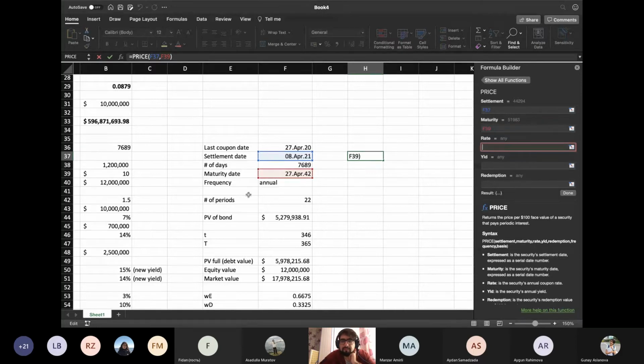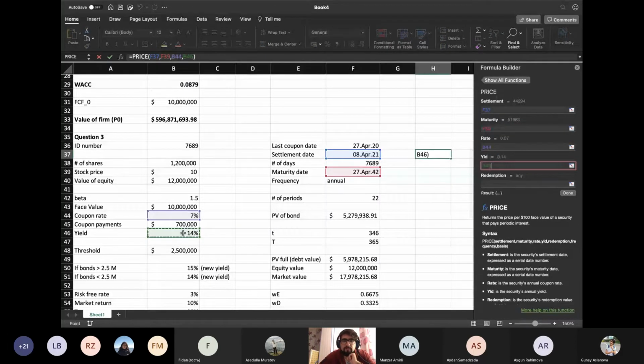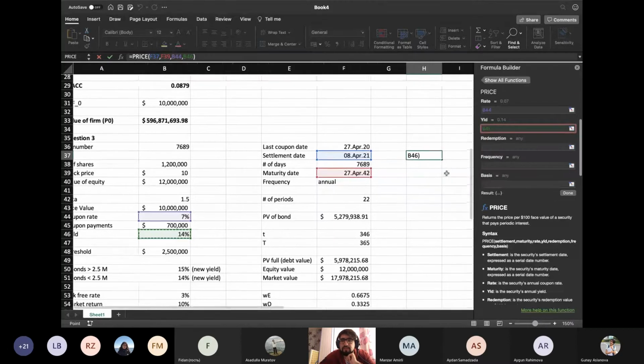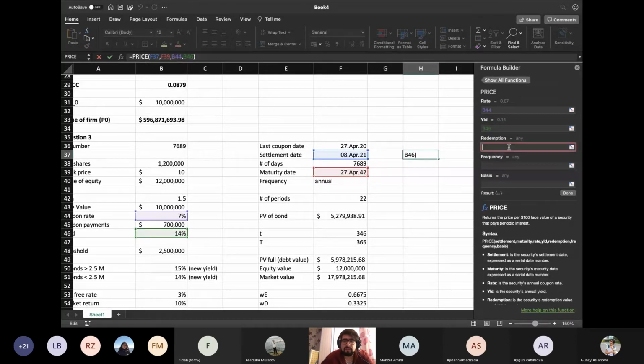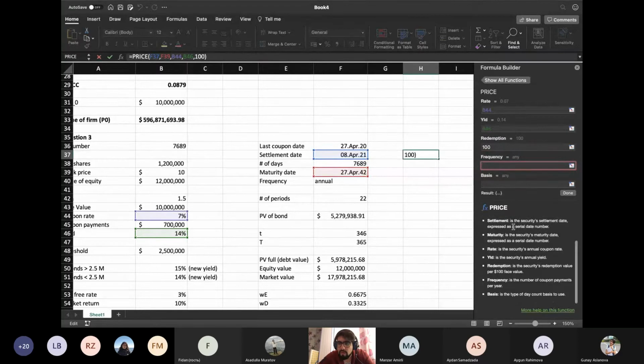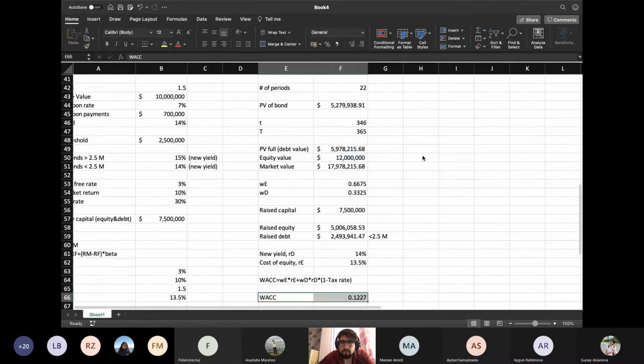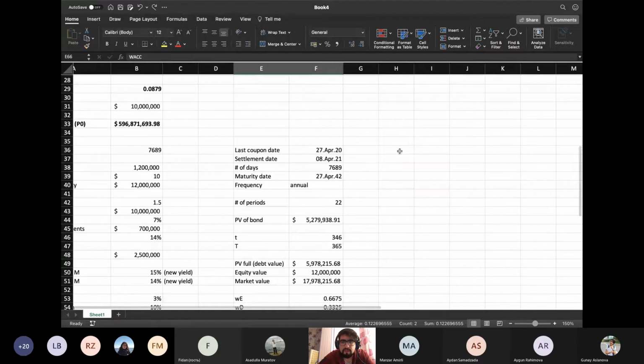Rate, it is coupon rate. Yield is 14%. Redemption, let's take 100 because Excel recognizes 100 face value. Frequency, one, number of coupon payments, 1, and basis, let's take, the clean price.